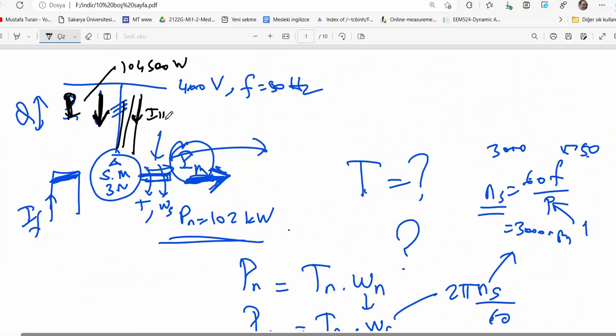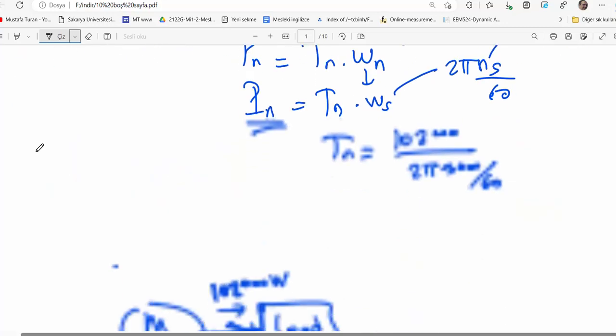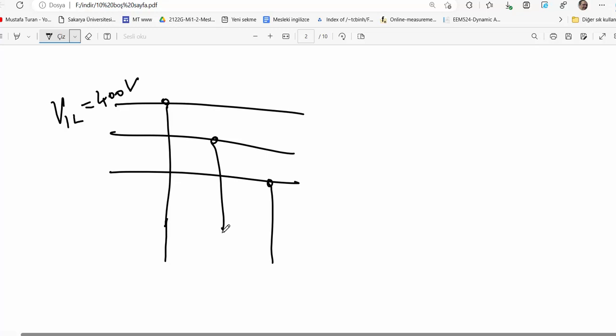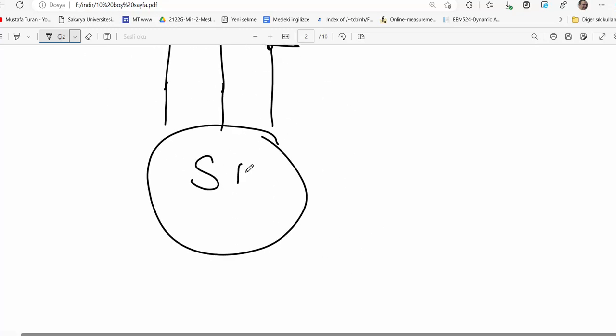Each line carries line current, and it is asked under these conditions. Do not forget, the machine is connected delta. Here is a 3-phase system having line-to-line voltages of 400 volts.